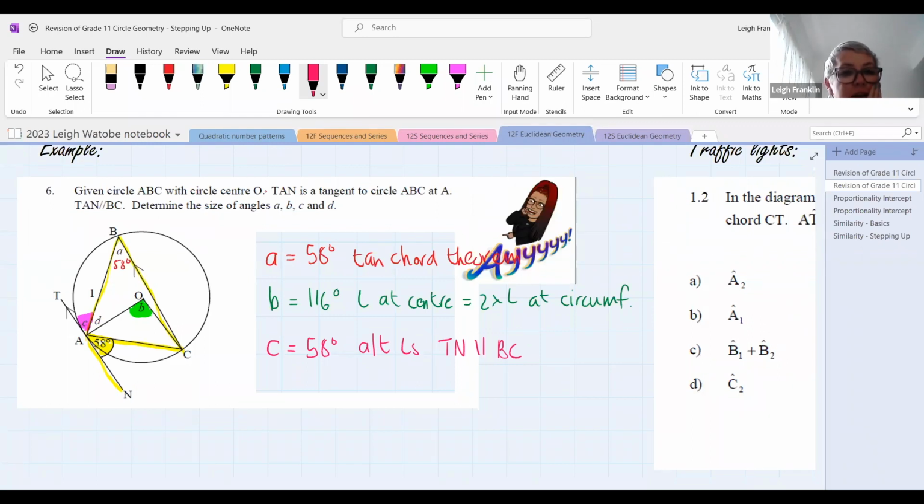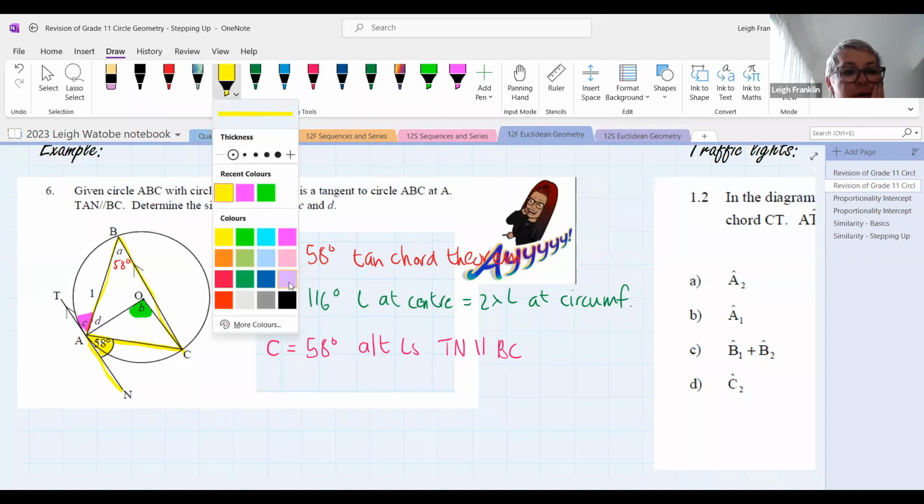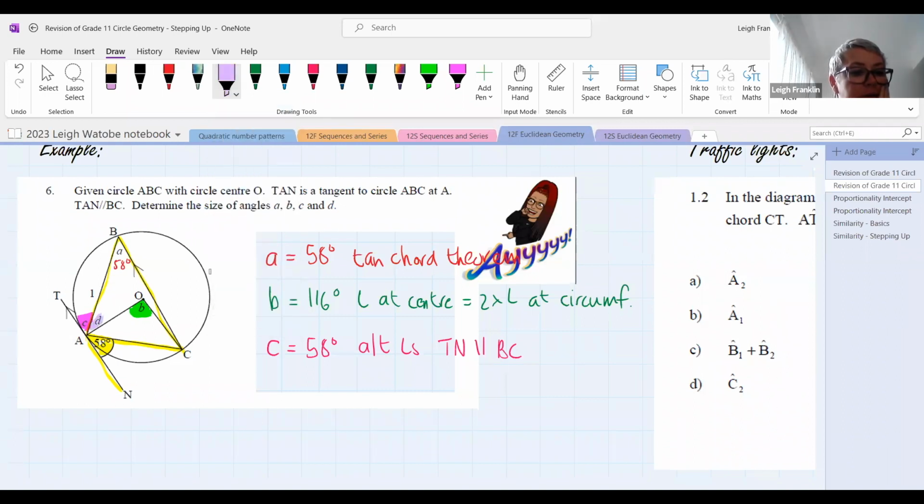Now they want us to calculate the size of angle D. Let's just choose a different color here. Here's angle D. So that's this little angle in between here. How are we going to work out how big D is?